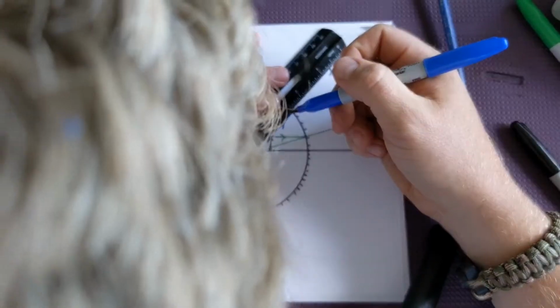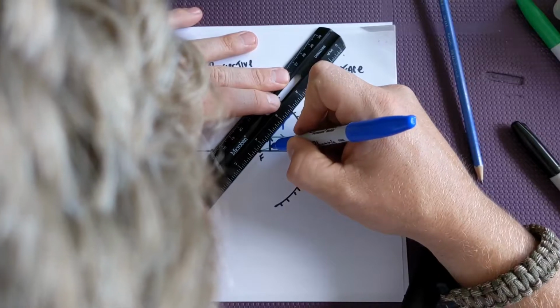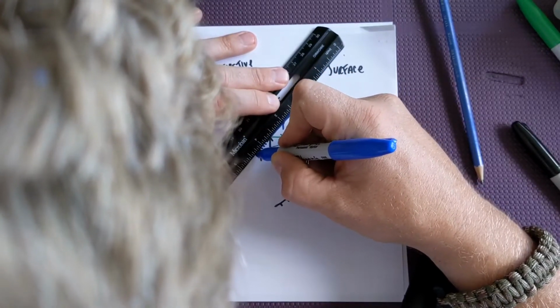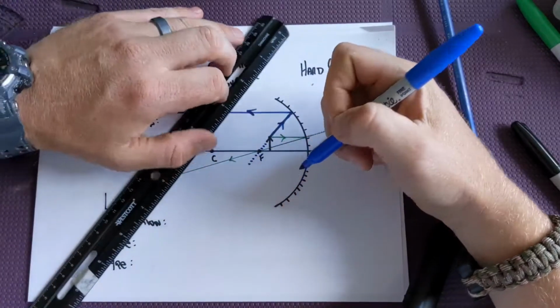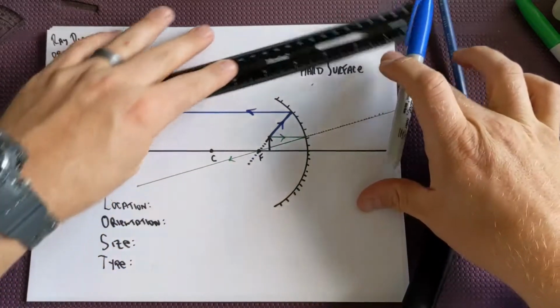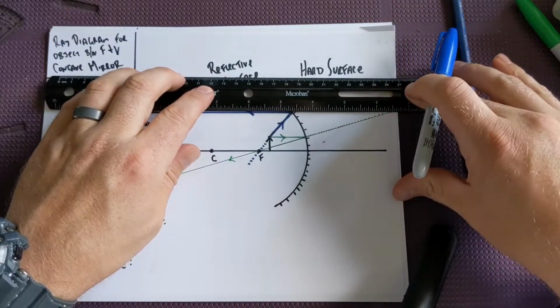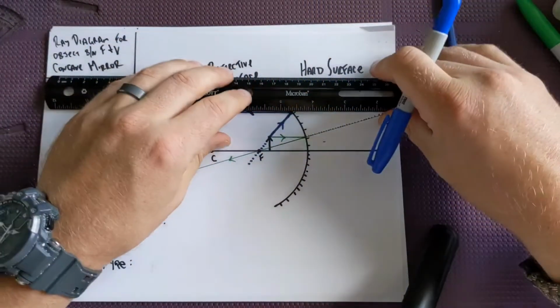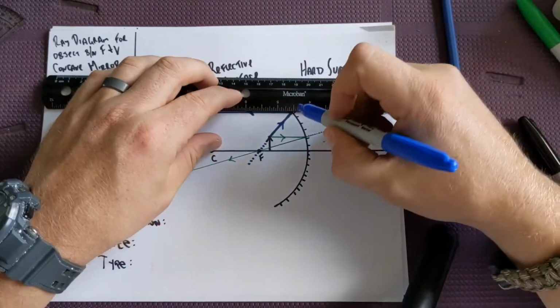And again, we'll add some dots over there. Okay. Now, our third ray, the reflected ray, we have to put back behind the mirror.